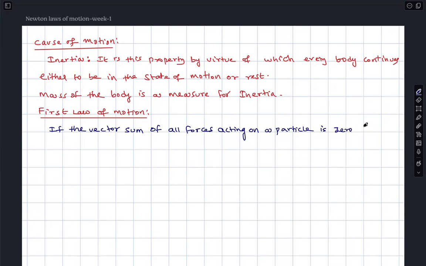I repeat, if the vector sum of all forces acting on a particle is zero, then and only then the particle remains unaccelerated.